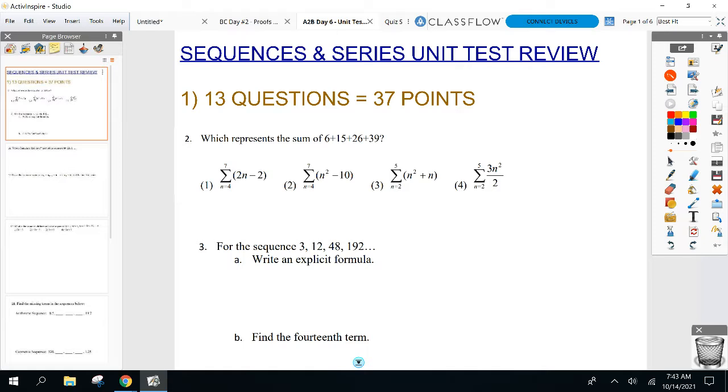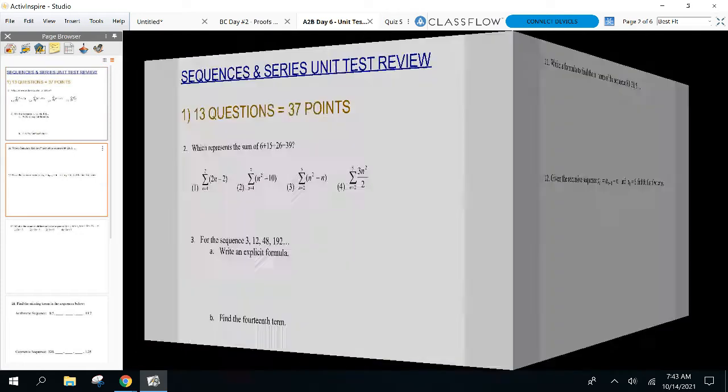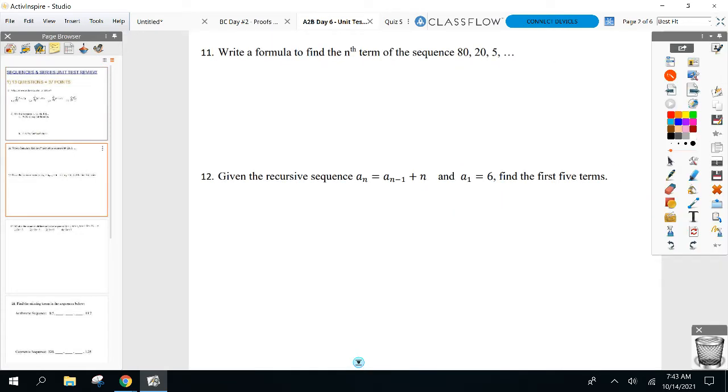I'm asking you to focus on these today just because they are very similar to a couple I put on the unit test. So you got 2 and 3, 11 and 12. Again, just very similar to the ones on there tomorrow. I wouldn't just do these and that's it.